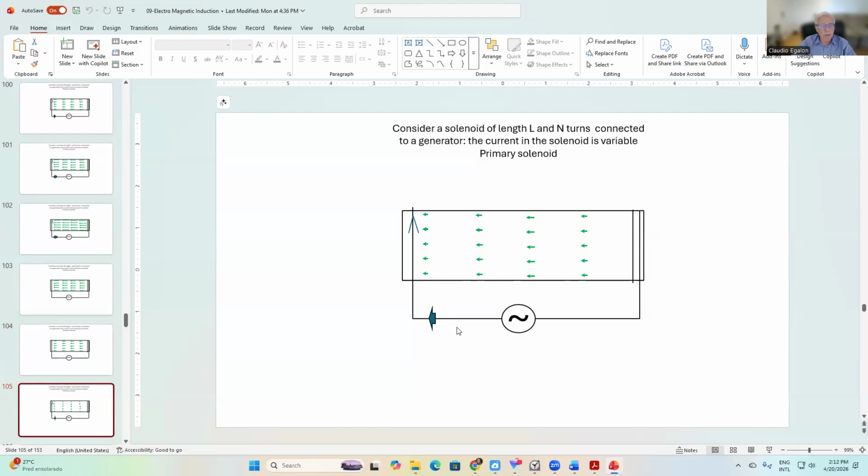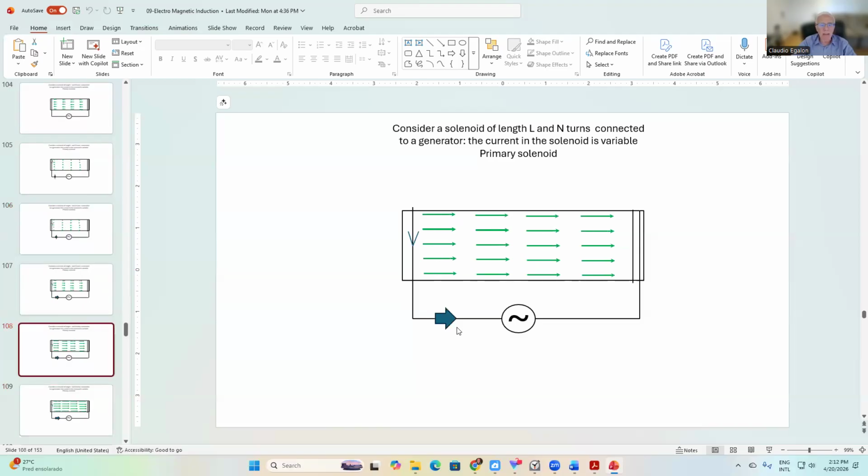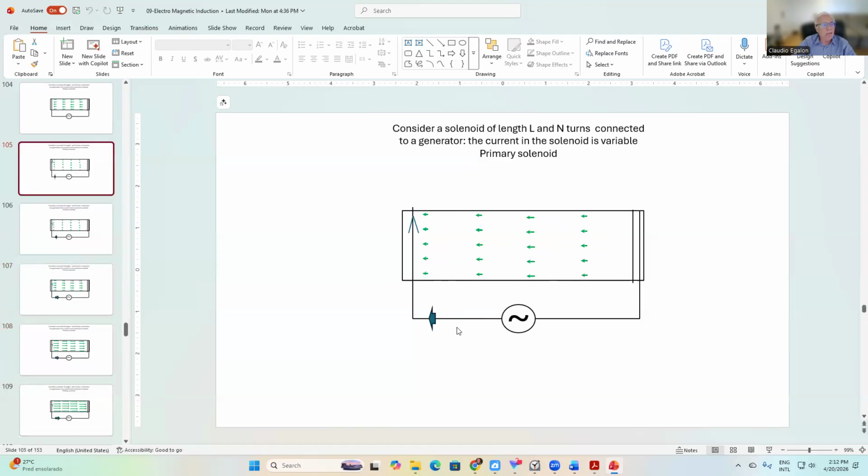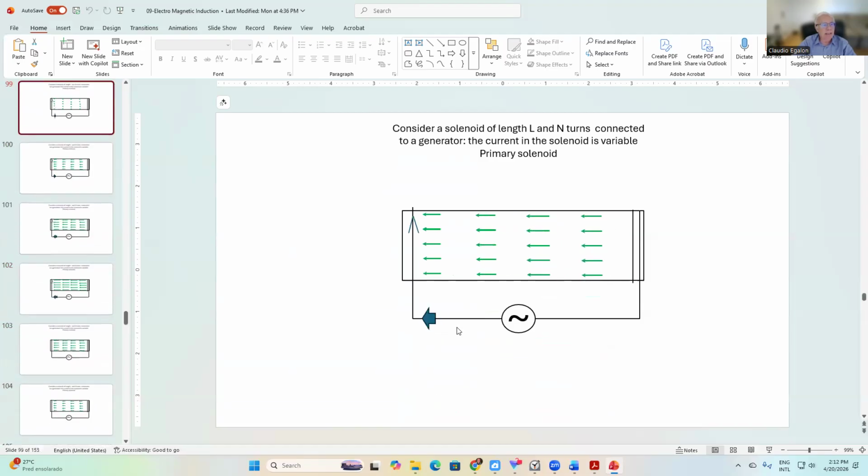Okay, and because of this increase and decrease, because of this change in the magnetic field in time, the solenoid is going to induce a current on itself that's going to oppose the change in the magnetic flux.